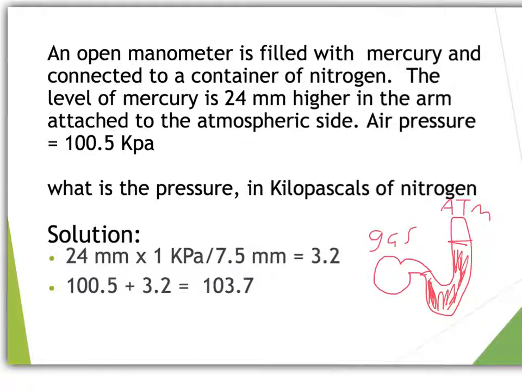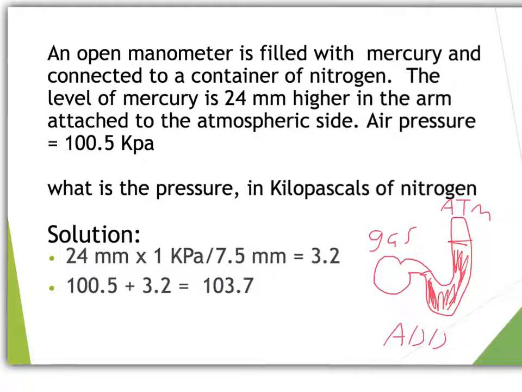Now when we have it higher on the atmospheric side, we will be adding. If we have it higher on the gas side, we subtract. And that's why I sketch these out, to see, do I add or do I subtract.